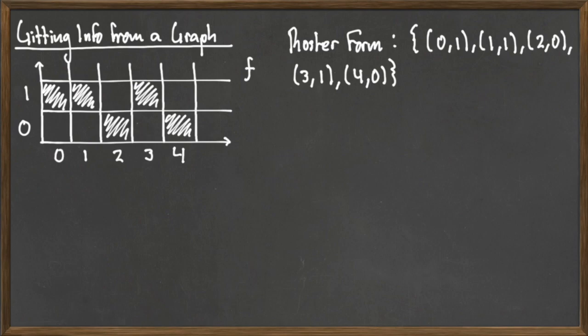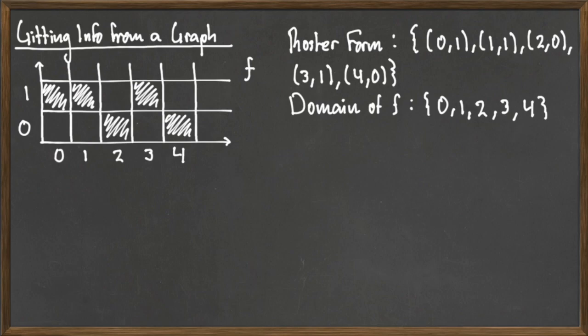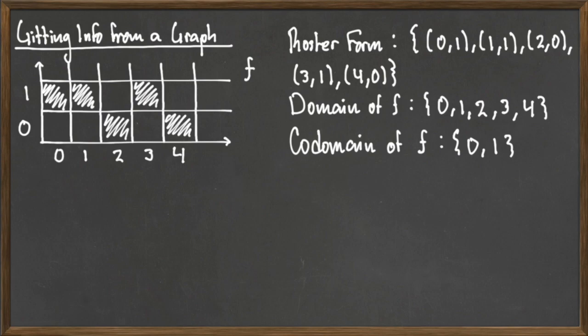Similarly, I have the square (1, 1) filled in, so I will write the ordered pair (1, 1), and so on. Using the x-axis, I can determine that the domain of this function is the set {0, 1, 2, 3, 4}. Similarly, by using the y-axis, I can determine that the codomain of this function is the set {0, 1}.